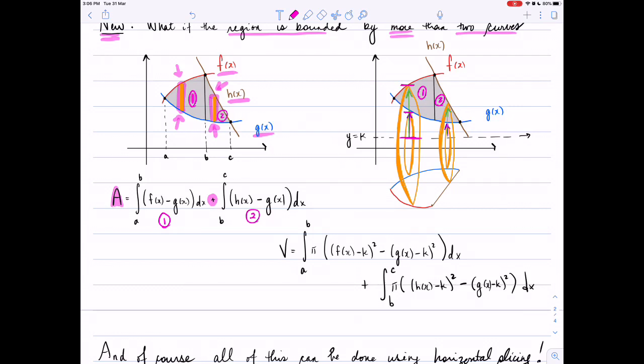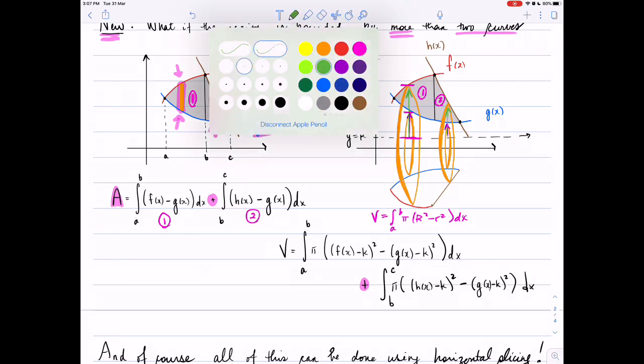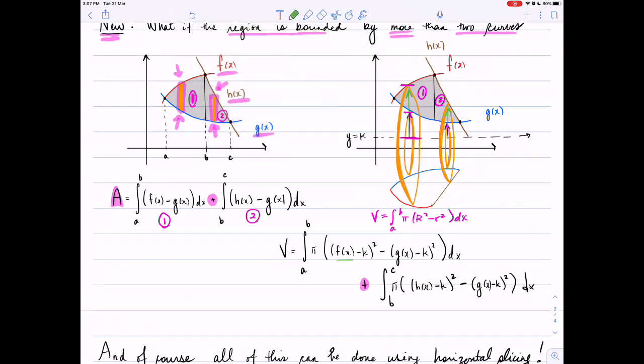And so we are going to again base ourselves on volume is the integral from a to b of pi big radius squared minus little radius squared dx. But we have to do that twice because the top and the bottom values change, and add our values together. So if we look in region 1, the big radius, the radius in green, is the top value f of x minus the bottom value, which is the axis of revolution, k.